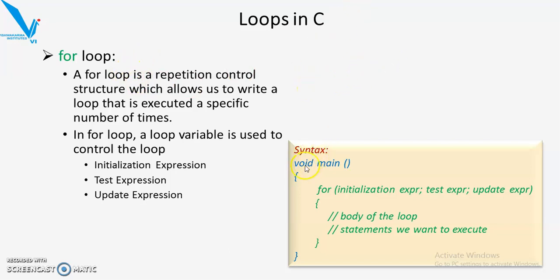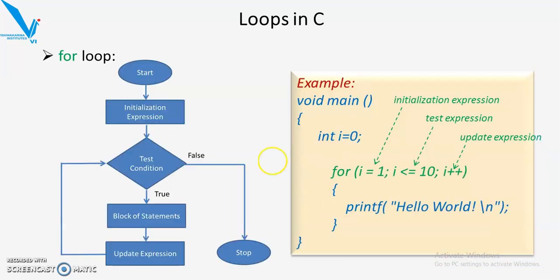Here is the syntax of for loop, that is for, in parenthesis we have the initialization expression, semicolon, then the test expression, semicolon, and the update expression. And this is the body of the loop. This is the syntax of for loop. We'll see this by example.